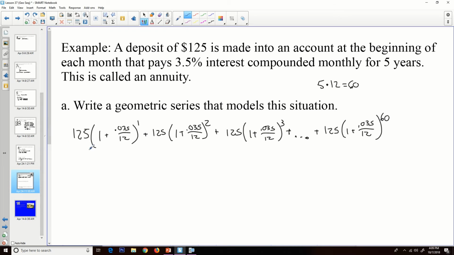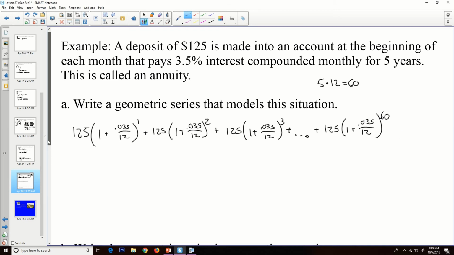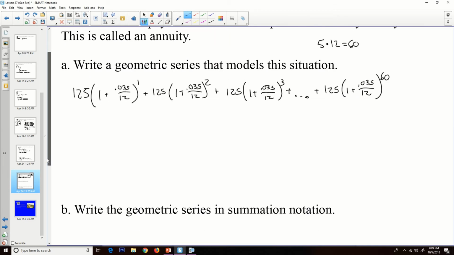This first term here represents the last $125 that you put in at the beginning of the month, and it was calculated interest for 1 month. So now we have a geometric series that models the situation.